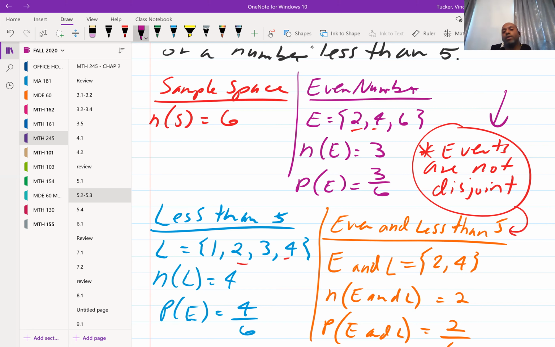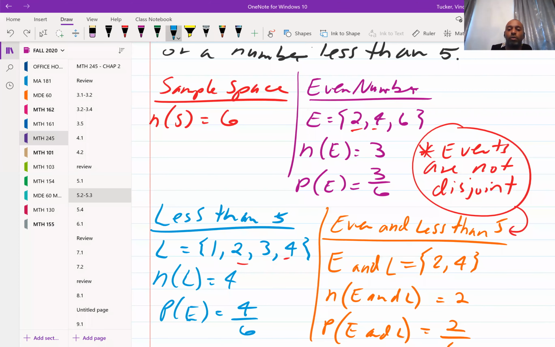But if you look at what I wrote in the red, these events are not mutually exclusive because they have something in common. If you notice, they have the numbers 2 and 4 in common. So they're not mutually exclusive. That means we have to consider the probability of picking an even number and a number that's less than 5.